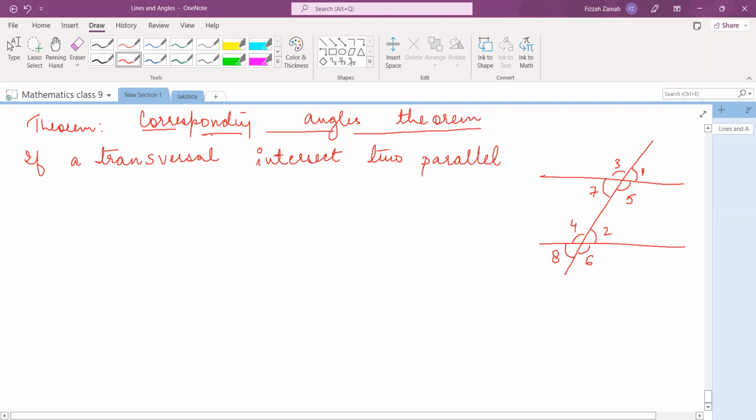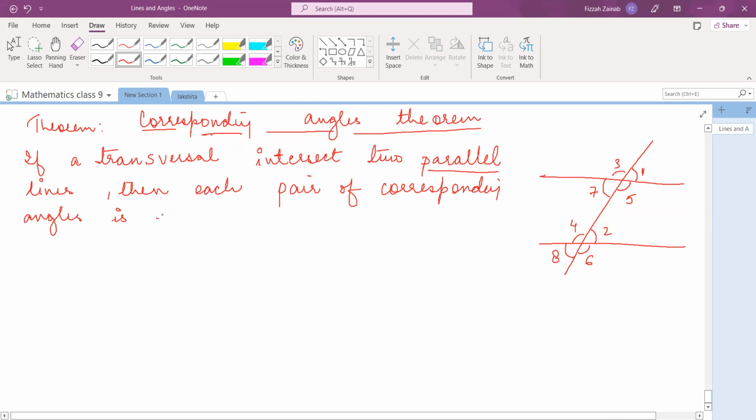If the lines are not parallel, then these theorems are not applicable. If a transversal intersects two parallel lines, then each pair of corresponding angles is equal, right?